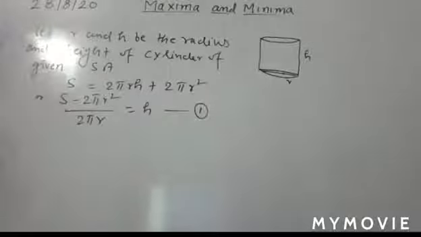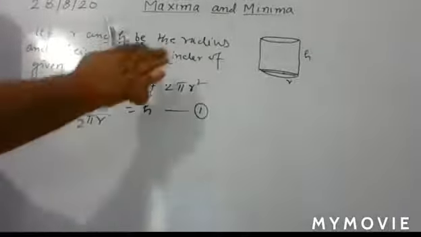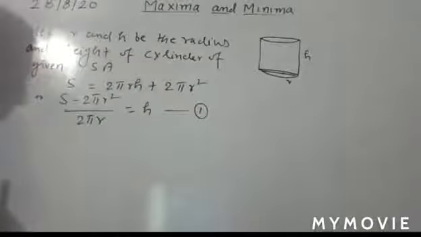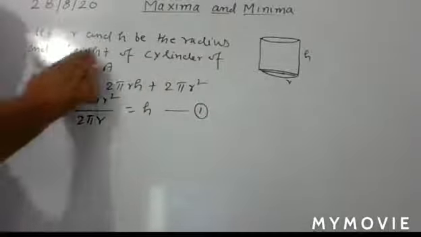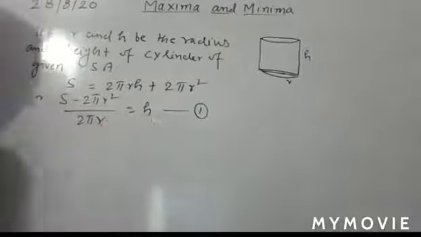So first of all, you assume R and H are the radius and height of the given cylinder, its surface area is given, and in this way you get the value of H.